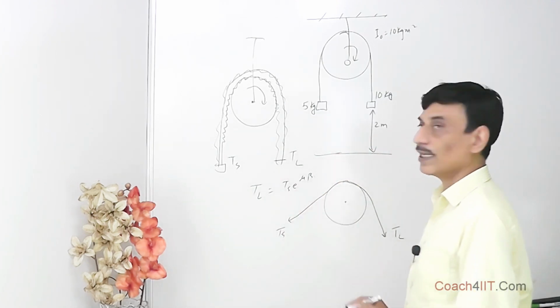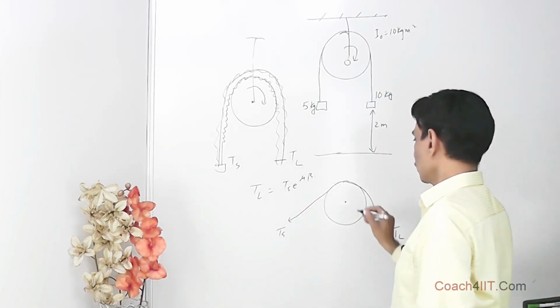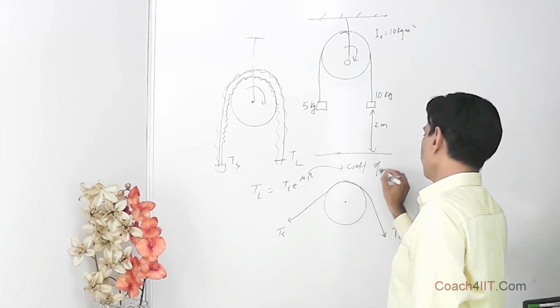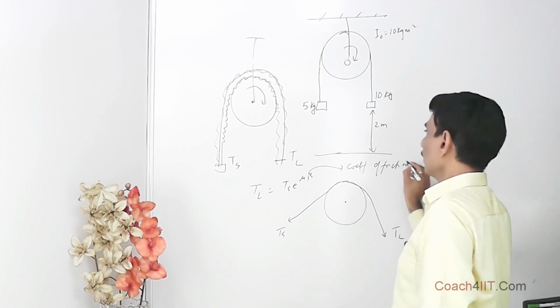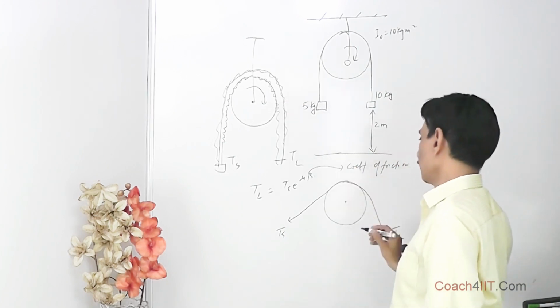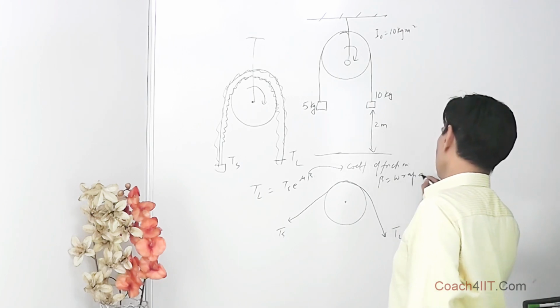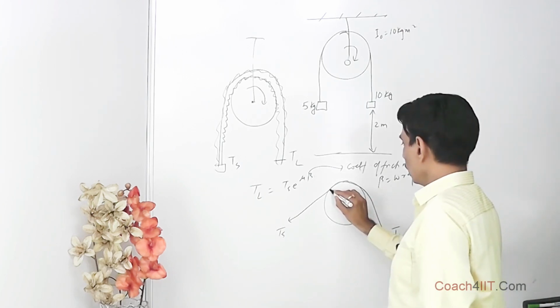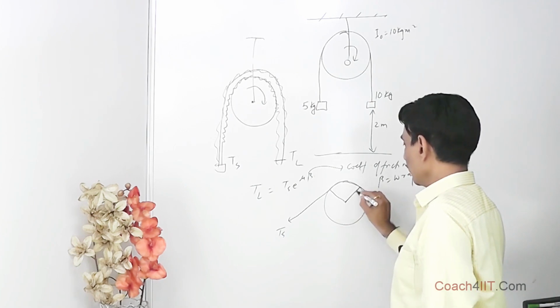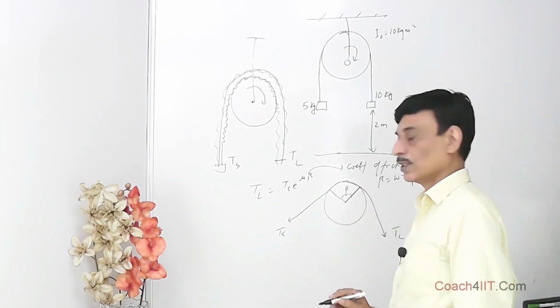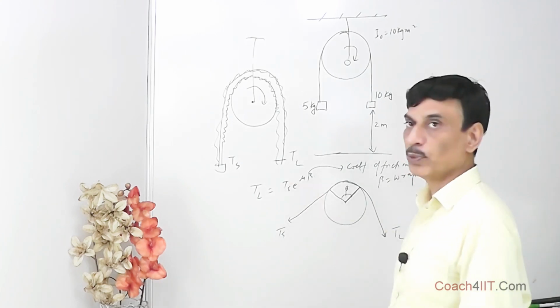The relation is TL = TS e^(μβ), where μ is the coefficient of friction between the rope or string and the pulley surface, and β is called the wrap angle, that is, the angle over which it is touching. So this angle is β. So TL = TS e^(μβ).